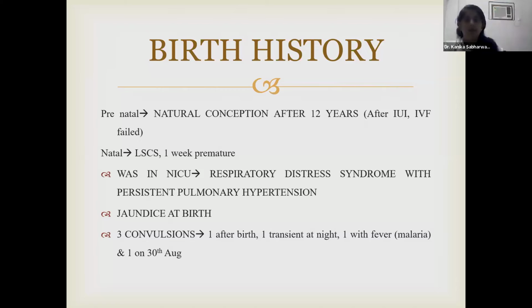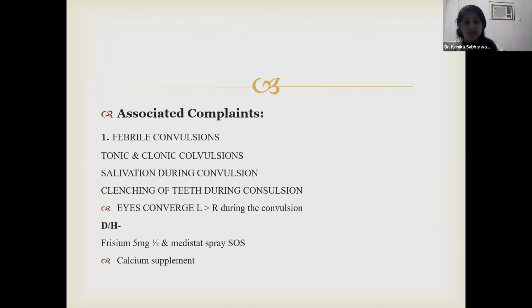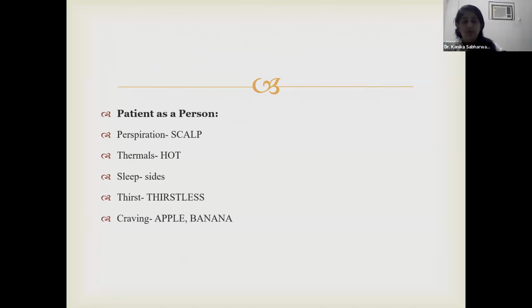So that's what this child has. Sorry, this I've already covered. Associated complaint, he's prone to febrile convulsions. He's already had 2 such episodes of febrile convulsions. And given the birth history, he's on an anticonvulsant called Frisium every day, half tablet. Hypoglycemic convulsion at birth, that's what I've told you.